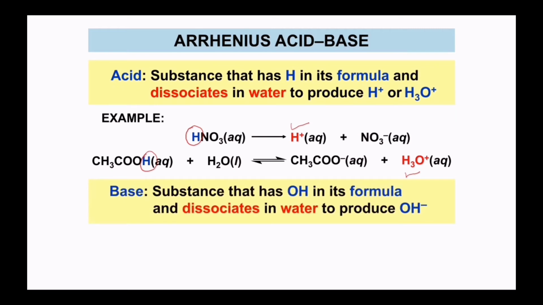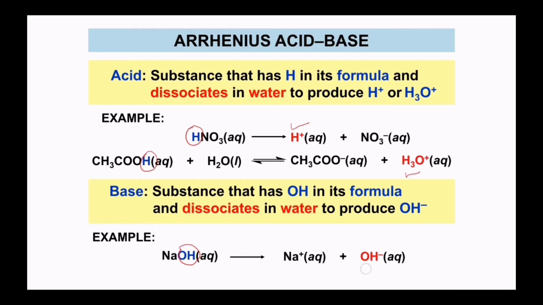Next, Arrhenius base is a substance that has OH in its formula and dissociates in water to produce OH-. For example, given NaOH, we can clearly see that it consists of OH. Therefore, when it dissociates in water, this compound is going to produce Na plus and also OH minus ions.